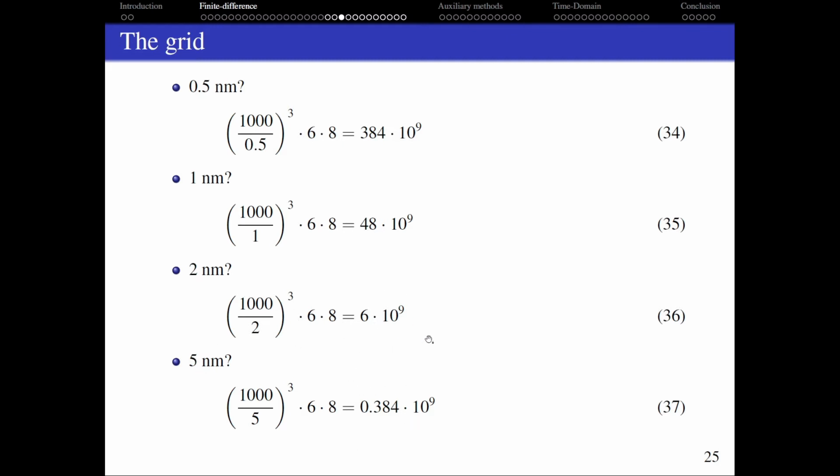Of course, this only takes into account the storage of the field itself. It's not all the other methods that we need memory for, like the PML, the materials, and everything. So this is actually a low estimate of what we want actually in a simulation. So in this case, the correct answer would be more or less 5 nanometers.